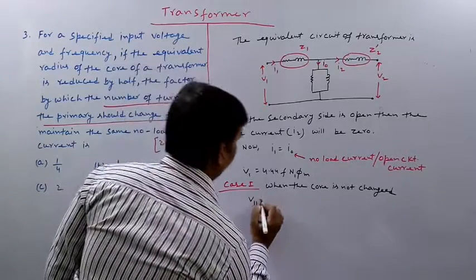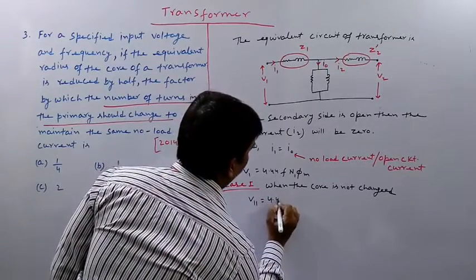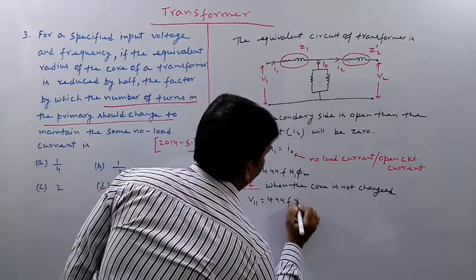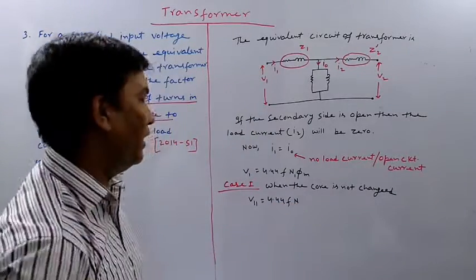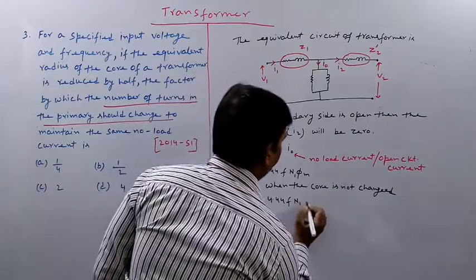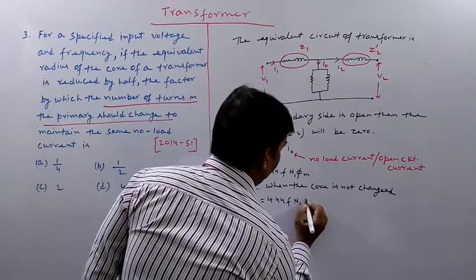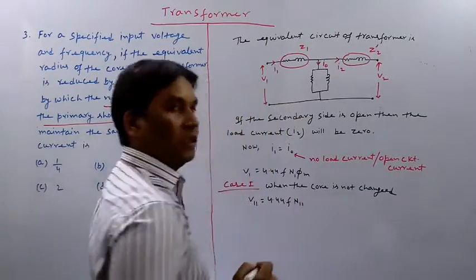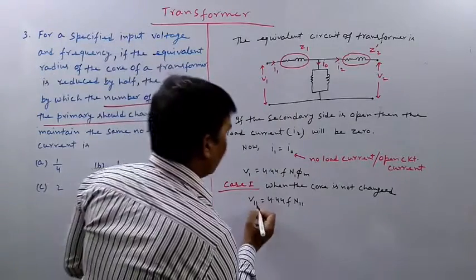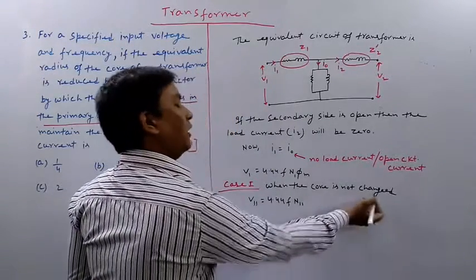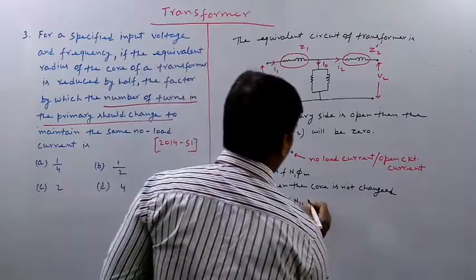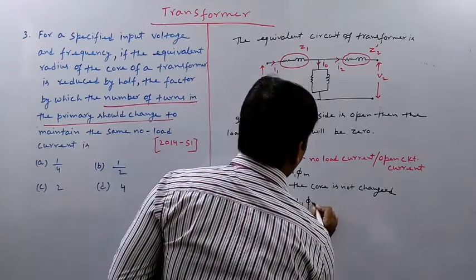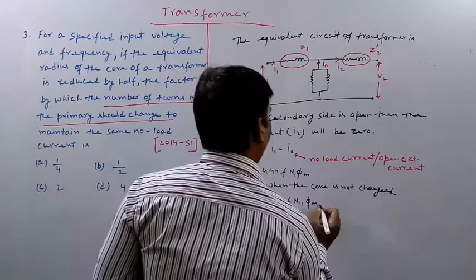Here that will be equal to 4.44 F n. Now let us take here N11, because here we have added the suffix 1 for it is not changed, phi m1.